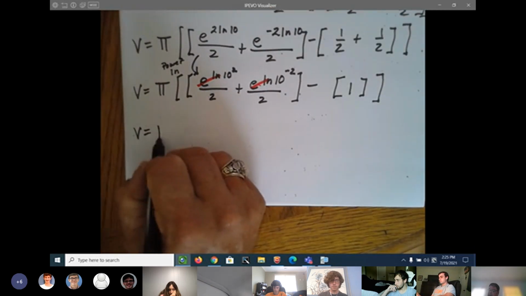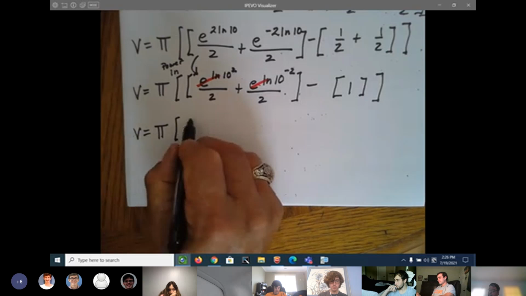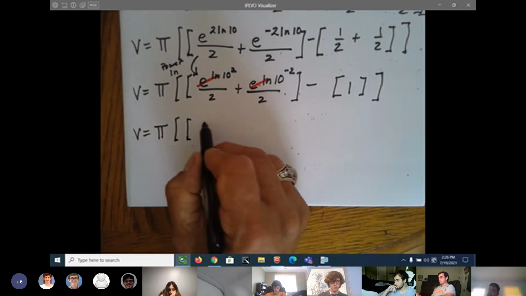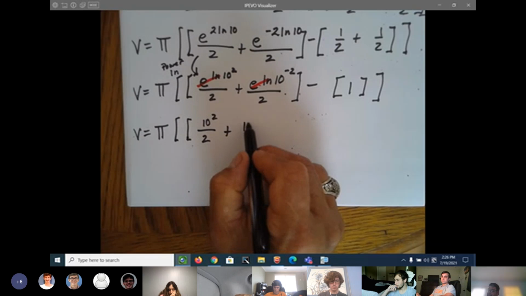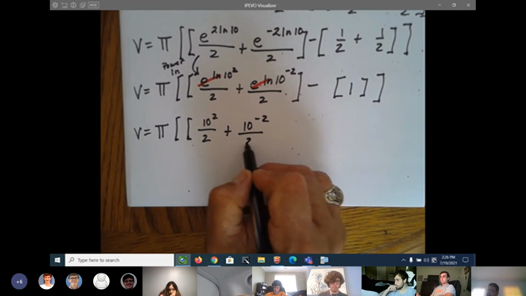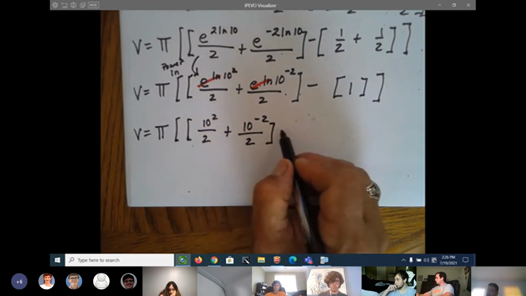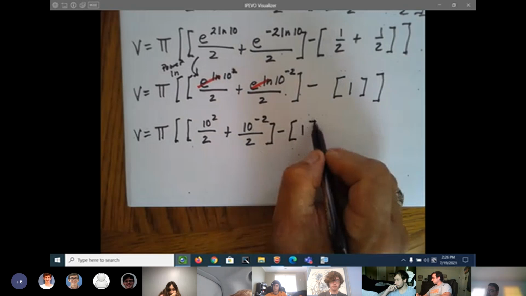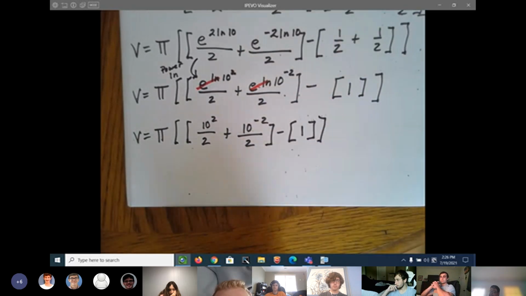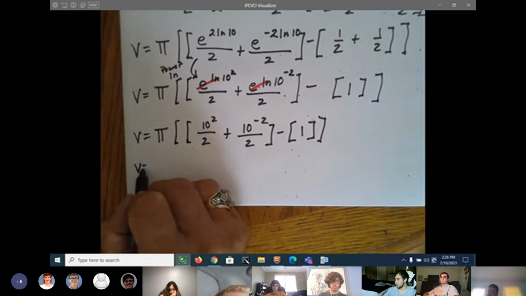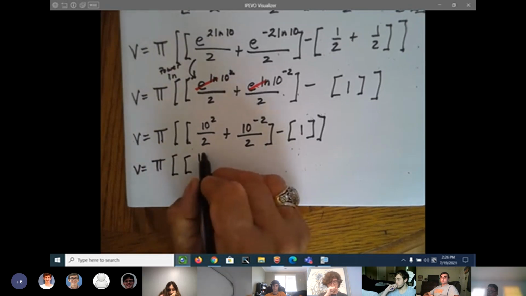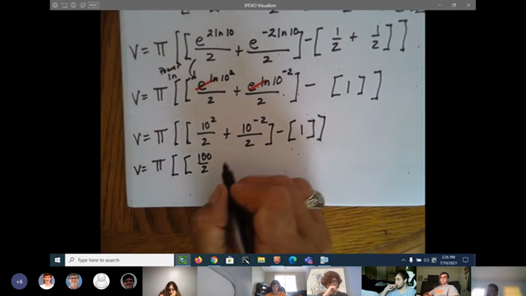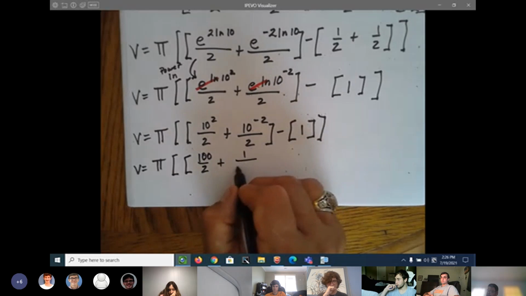V is equal to pi, 10 squared over 2 plus 10 to the negative 2 over 2. 100 over 2 plus 1 over 200.